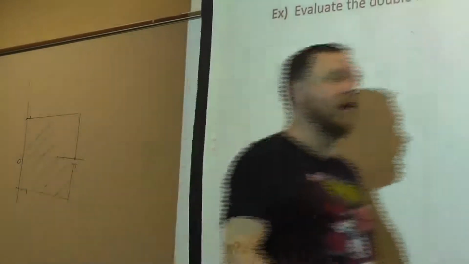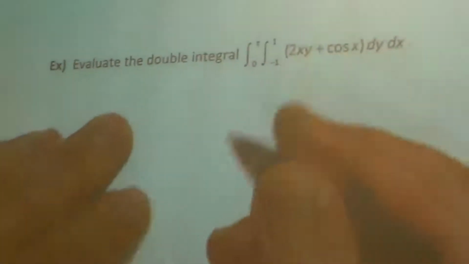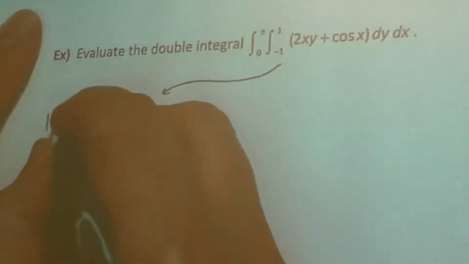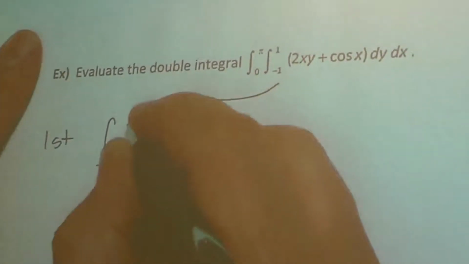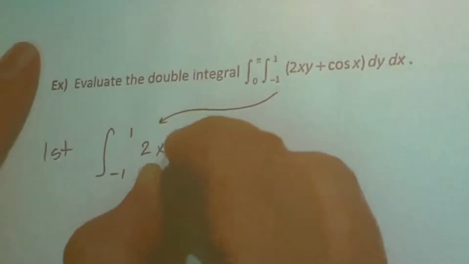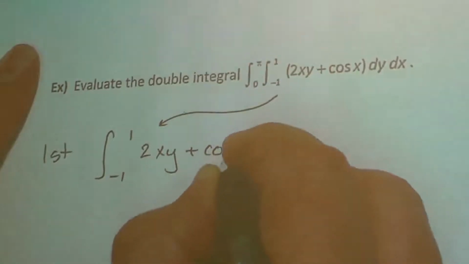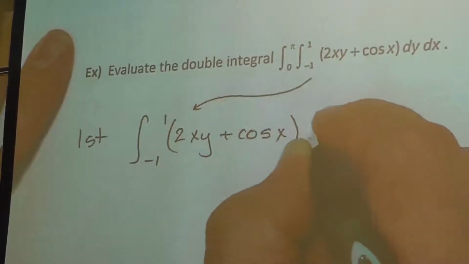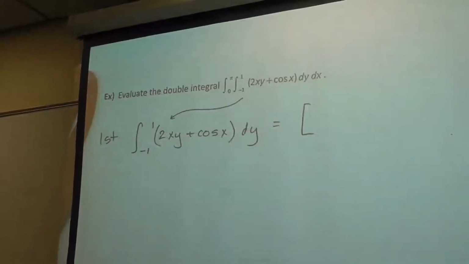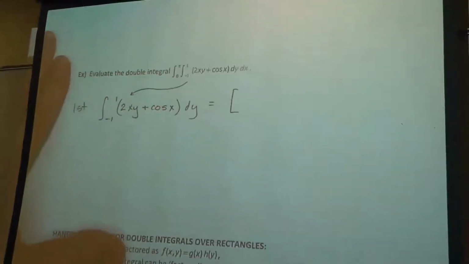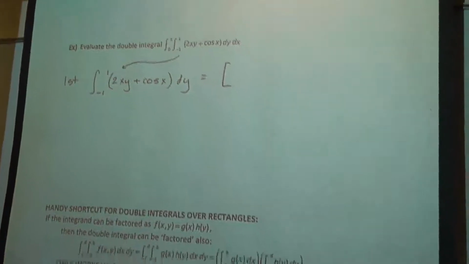I can graph this for you, but let's evaluate the integral, just to give you some extra practice on that. So again, from inside out, first I'll just stick with the same order that's listed here, starting off with dy. So in this case, integrating with y as my variable, any function of x is considered to be a constant.